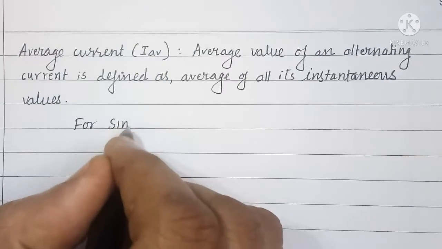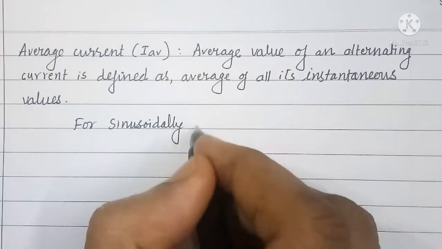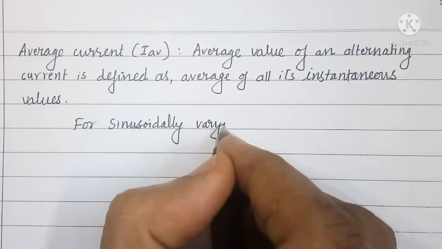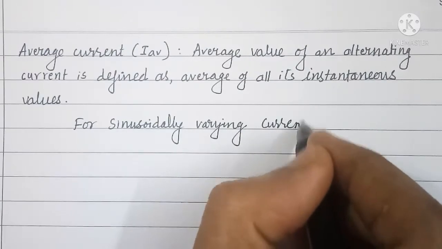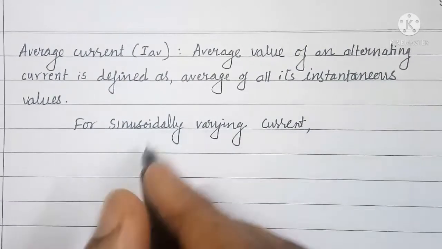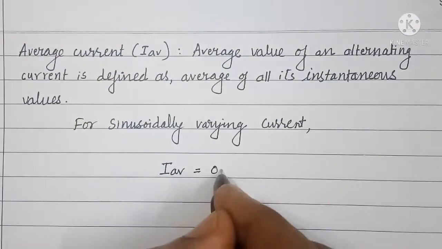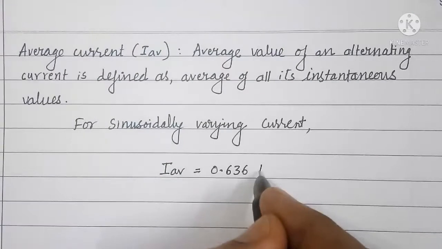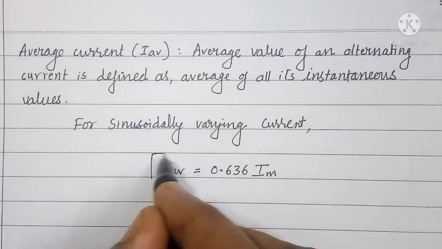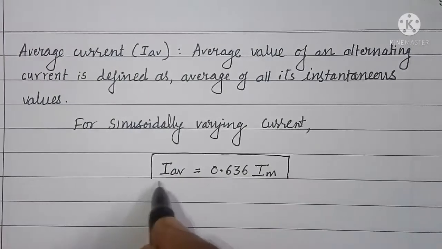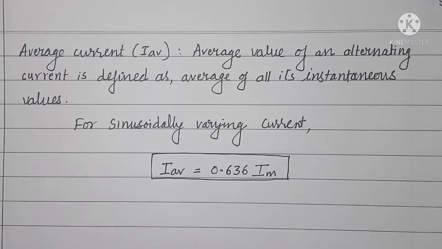For sinusoidally varying current, I average is equal to 0.636 times Im, where Im is peak or maximum current.